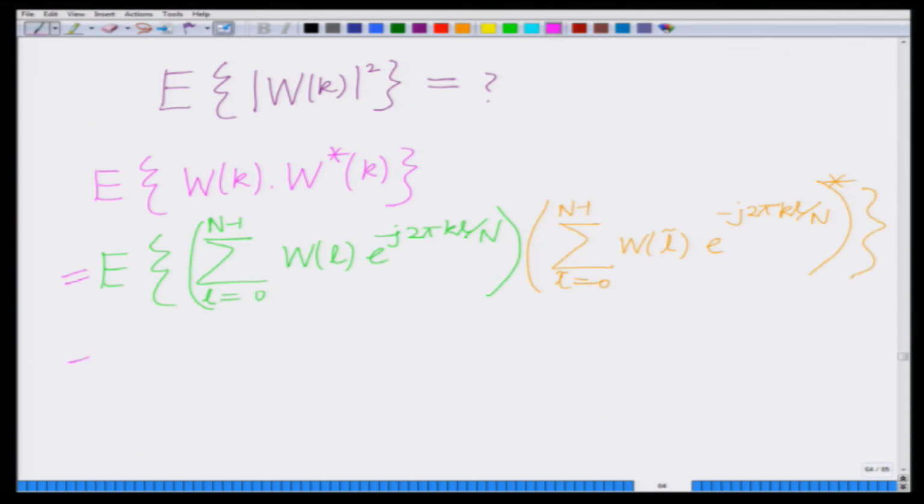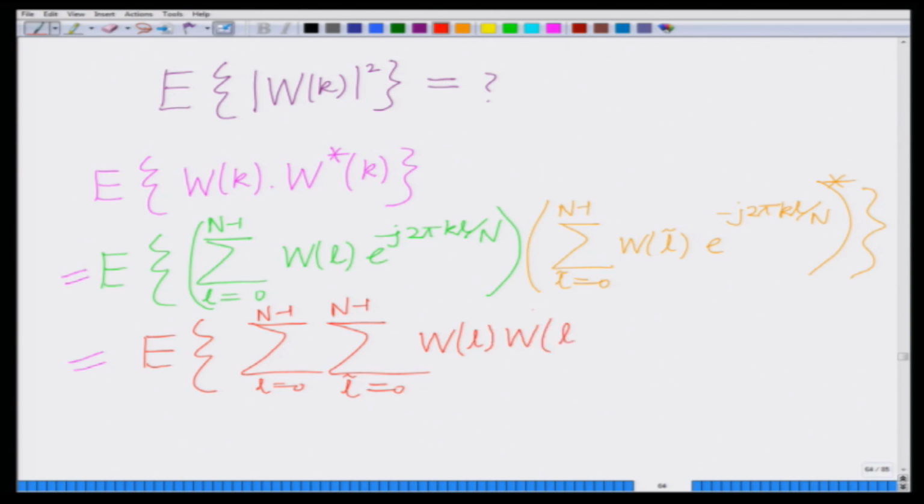Which is equal to, I can write this as the expected value of the double summation over l equal to 0 to n minus 1 and l tilde equal to 0 to n minus 1 of w_l, simply taking the product, w conjugate l tilde, e to the power of minus j 2 pi k, of course here it is l minus l tilde, divided by n.